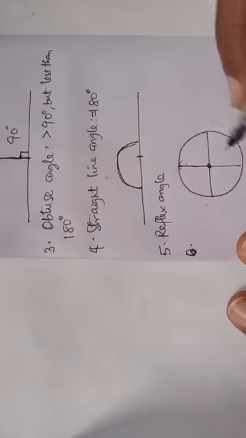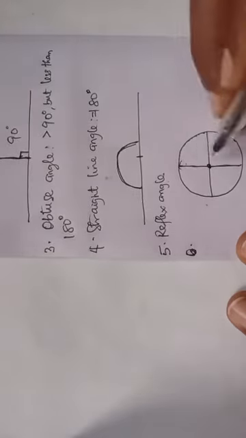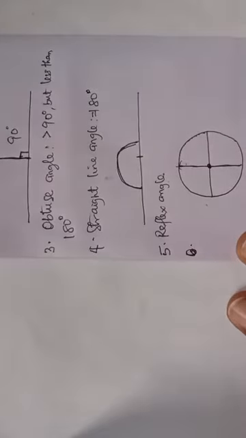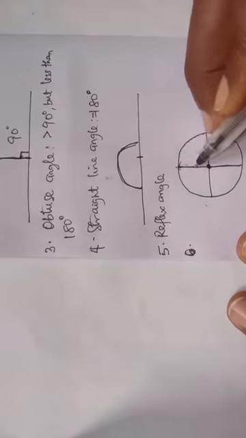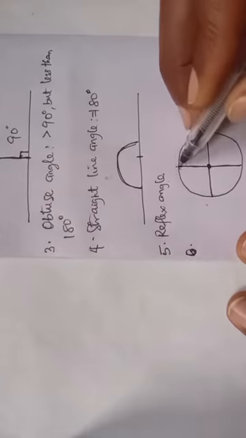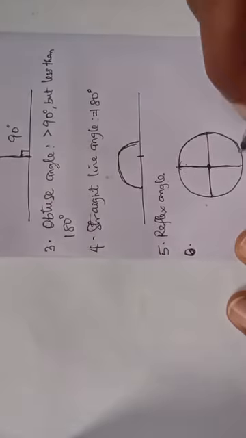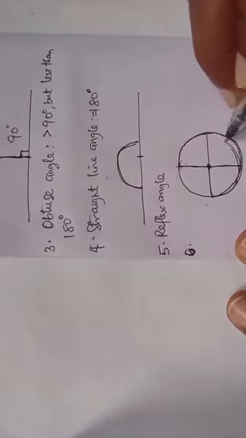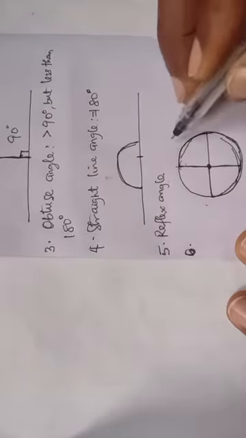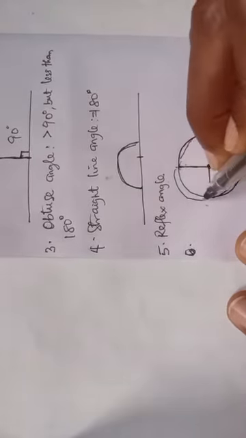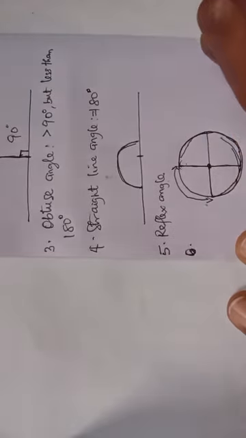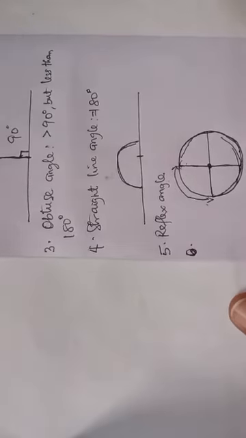Okay, good. So at this very juncture, this is to illustrate the reflex angle. Any angle will be possibly formed like this. Any angle within this place is a reflex angle because it's already above 180 degrees. But this part that is left uncovered makes it less than 360 degrees. That's a reflex angle.